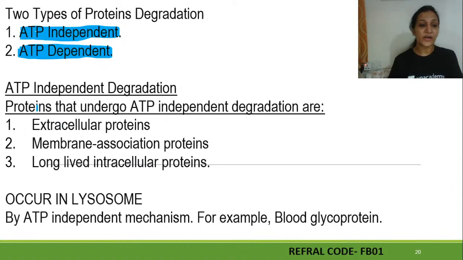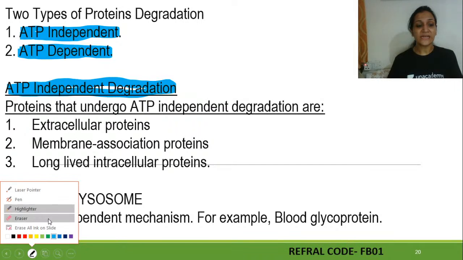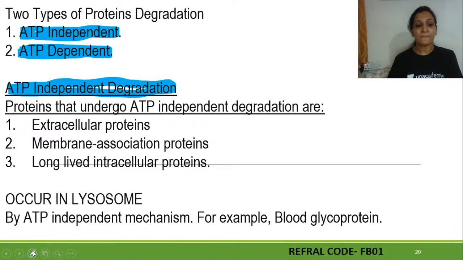First of all, we are going to see ATP independent degradation. What happens in ATP independent degradation? If it is ATP independent degradation, it means there will be no use of ATP. Proteins undergo ATP independent degradation without the use of ATP.